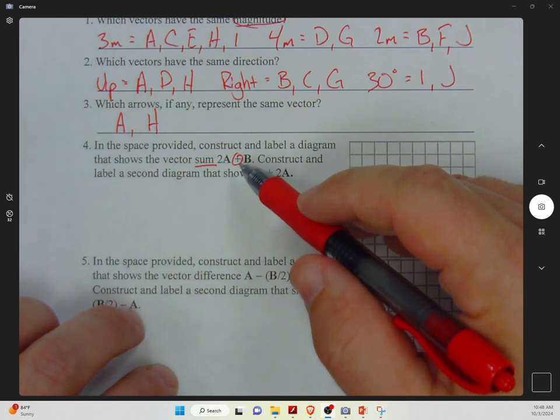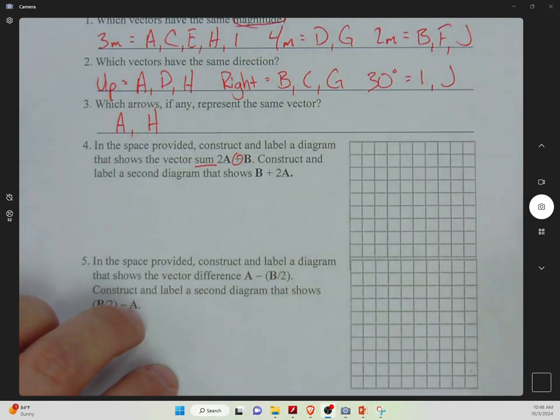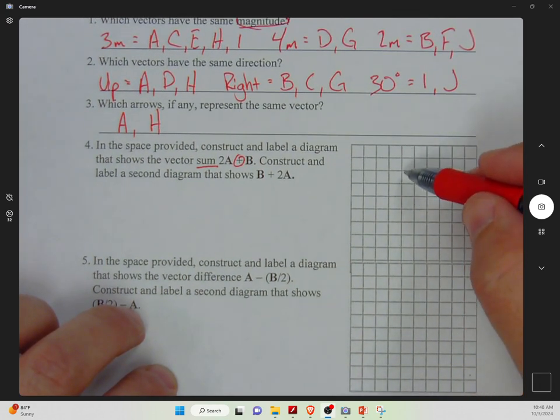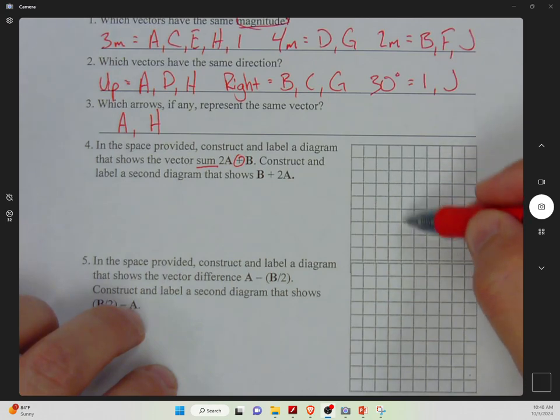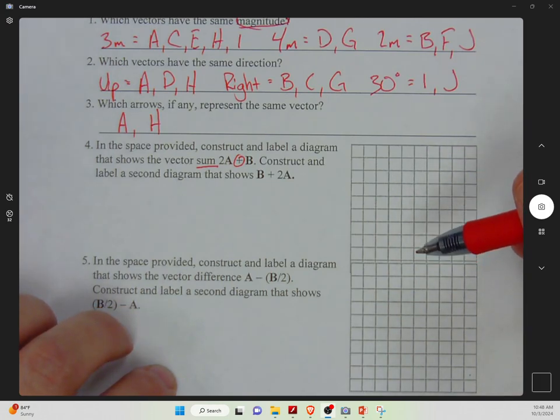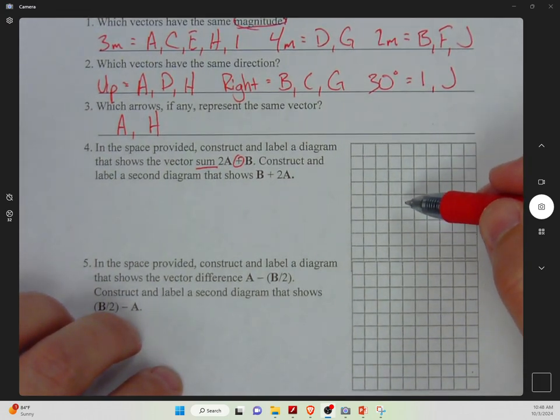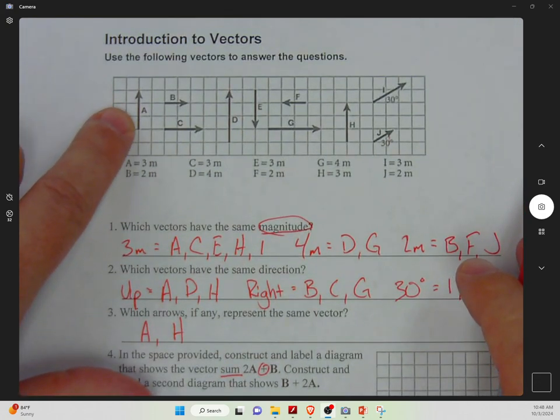That'd be 6 up, right? So I am going to draw a vector arrow going up, and it's going to cover 6 of these grid lines. Now, just because I have some experience, I'm not going to draw B right now because I don't know which direction B is going to go. So I know A is going to go up 6.